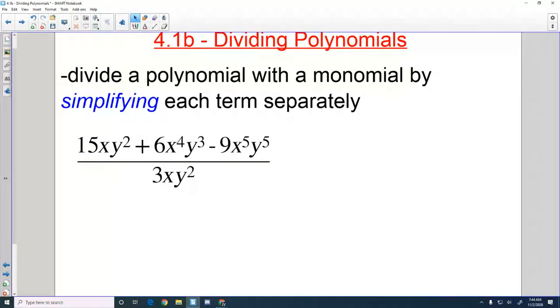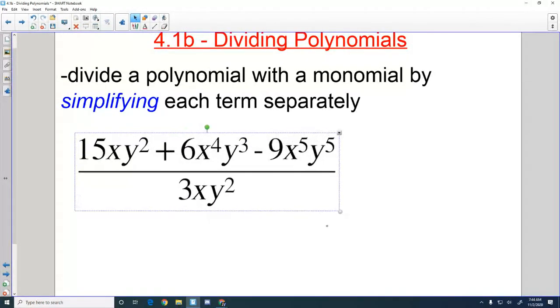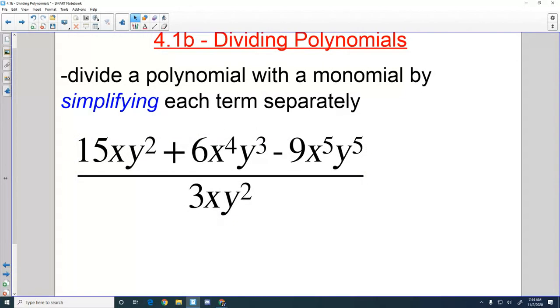I'll make this a little bigger for everybody. All right, so go ahead and jot this division problem down. And essentially you just simplify each term in the numerator with that one term in the denominator.